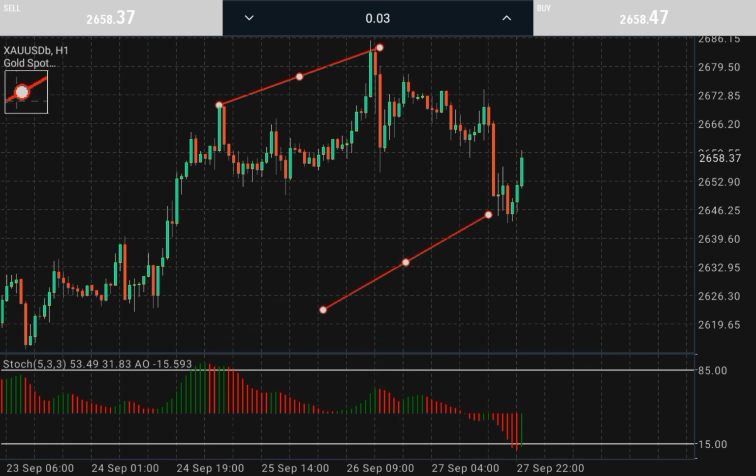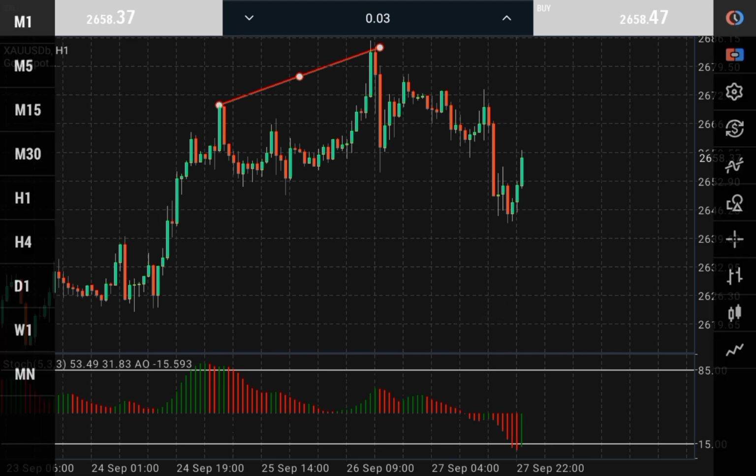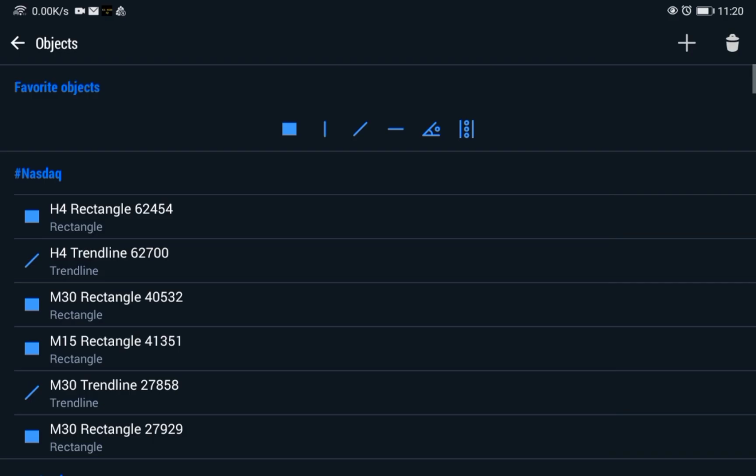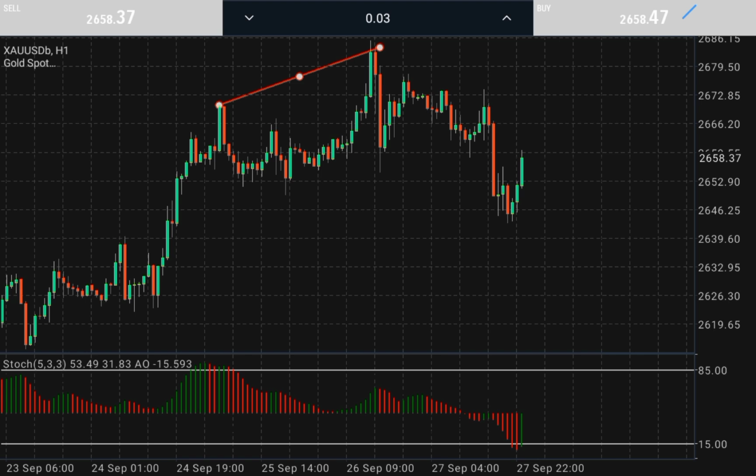My Awesome Oscillator was pointing downward, which simply means that all is not right.